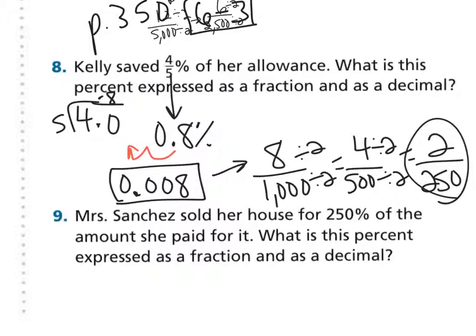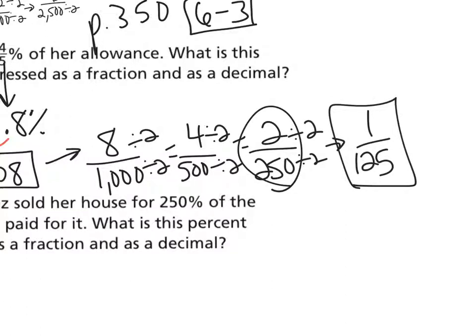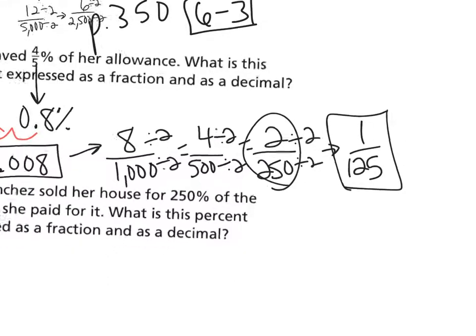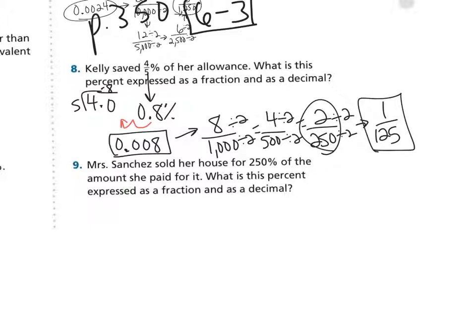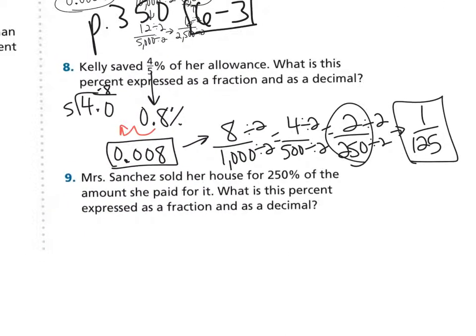And actually, it's just been pointed out to me, this can still be reduced. I was not thinking correctly. These are still both even. Divide by 2 again would be 1 over 125. So if you see it, both of those actually could have been divided by 8 to begin with. I'm guessing most people probably wouldn't notice that. But final would be 1 over 125 for your fraction.